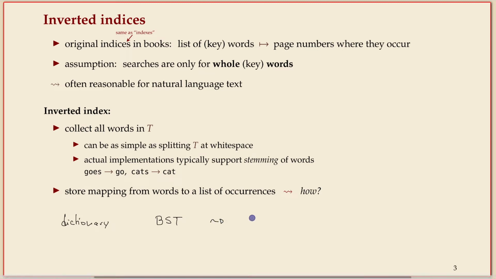And of course, because you're all starting to prepare for the exam already, you know that in the expected case, at least, that means logarithmic time. Well, side note, if you want that to be worst case, you can use a balanced binary search tree. I haven't discussed how these work, but I mentioned that they exist.